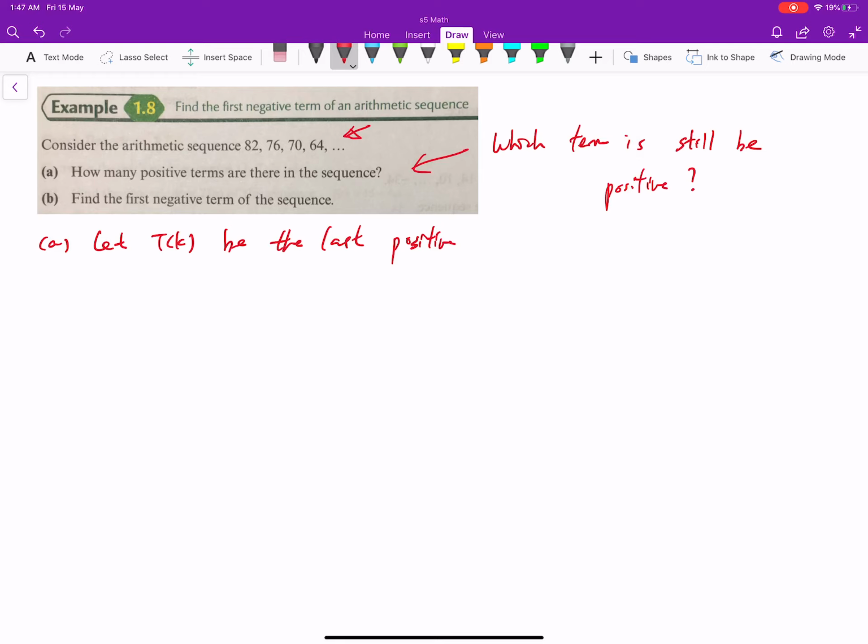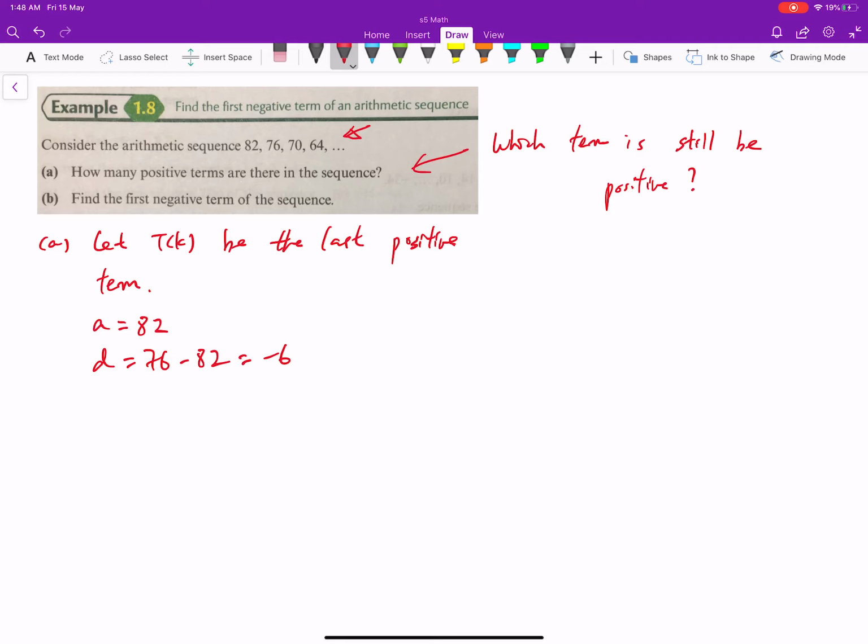Because it is decreasing, right? We must have a last positive term, and then after that it will become negative. And then we find a is 82, d is negative 6.